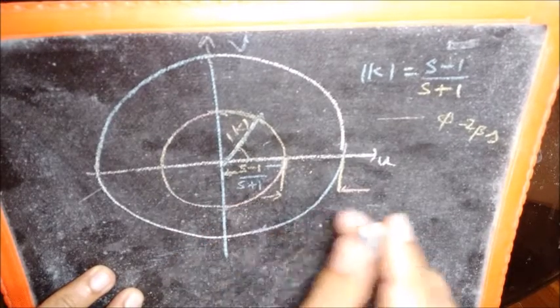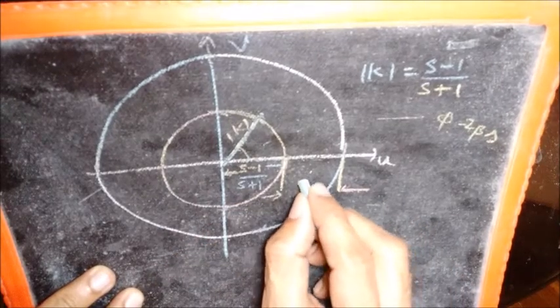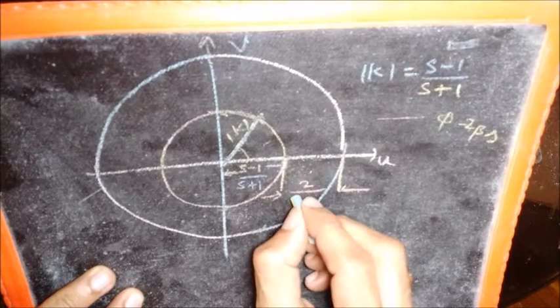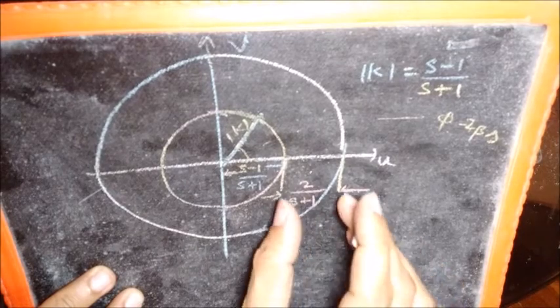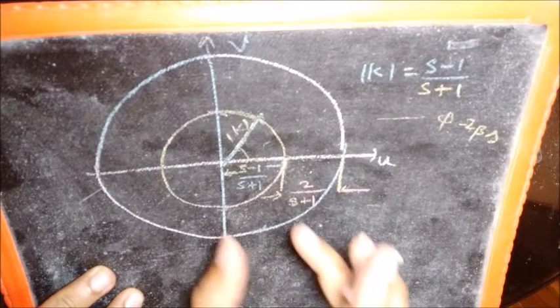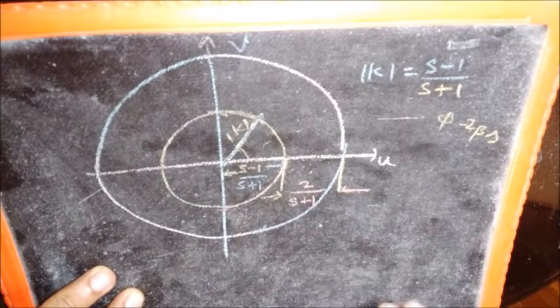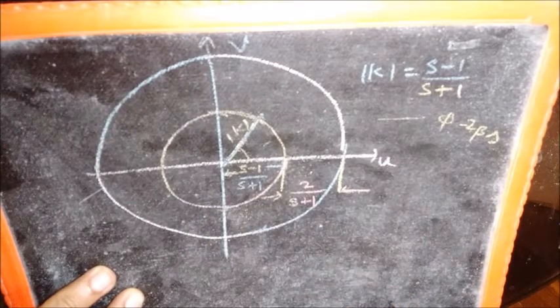A simple calculation shows that it will be 2 divided by s plus 1. So 2 divided by s plus 1 and s minus 1 divided by s plus 1. If you add the two, you will get s plus 1 by s plus 1, which is 1.